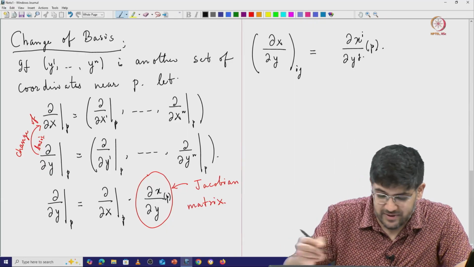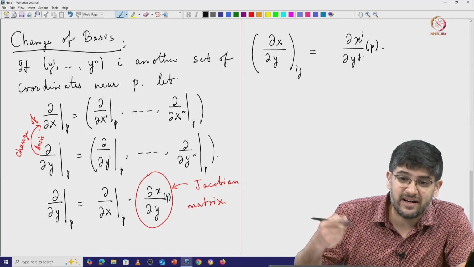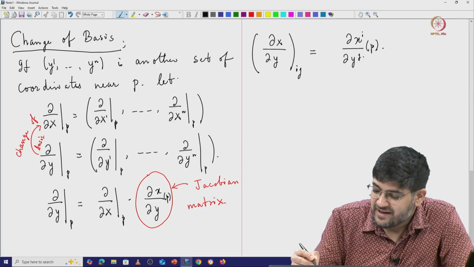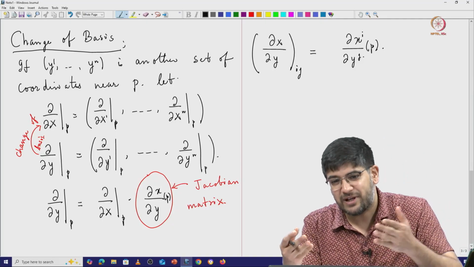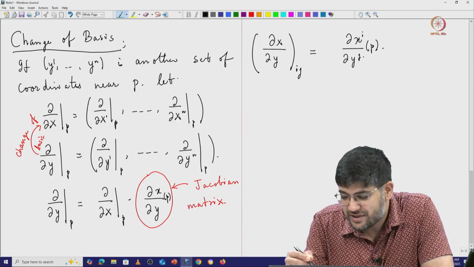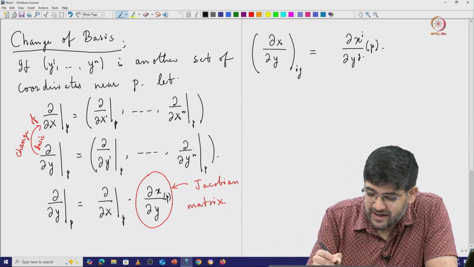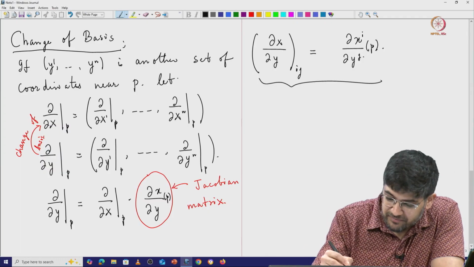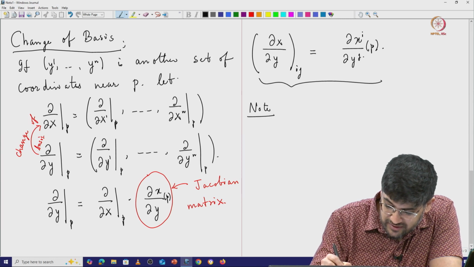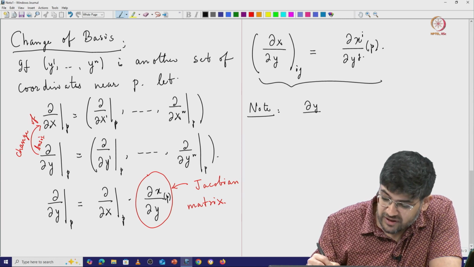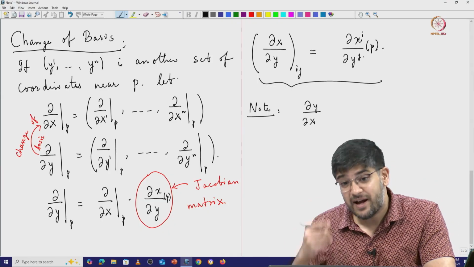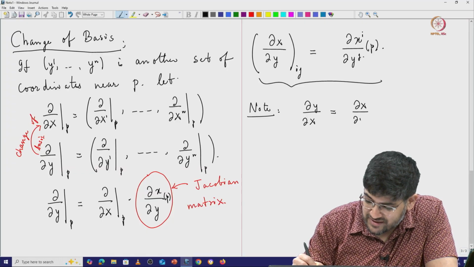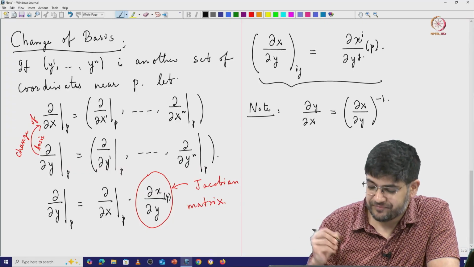So you can think of these coordinates xi as functions of the new coordinates yi, and then once you think of them like that, you can also differentiate in terms of the y coordinates, and that gives you precisely the Jacobian matrix. One thing to note is that if you reverse the order, if you take the Jacobian matrix of y, the derivatives of y with respect to x, then that is the same as this inverse.